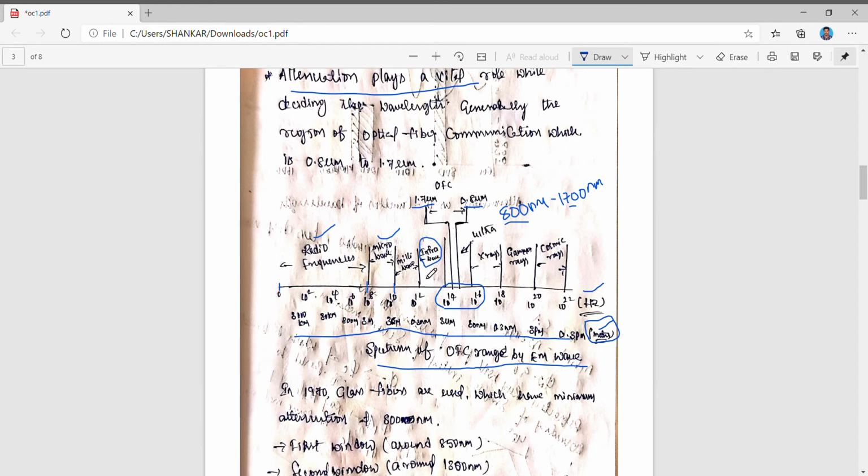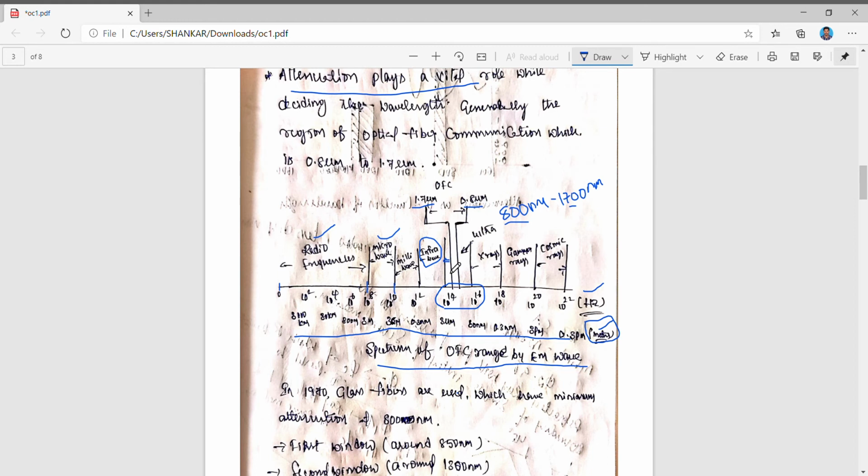So here the 10 to the power 14 frequency is very close to the infrared frequency, which is from 10 to the power 10 to 10 to the power 14. Not only the infrared wave, but the optical window is also very close to the infrared frequency range.